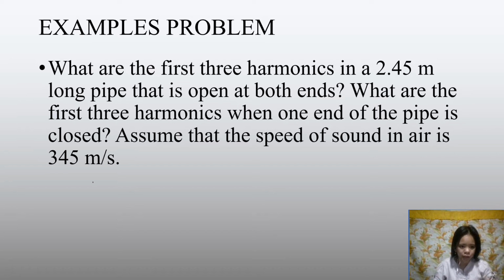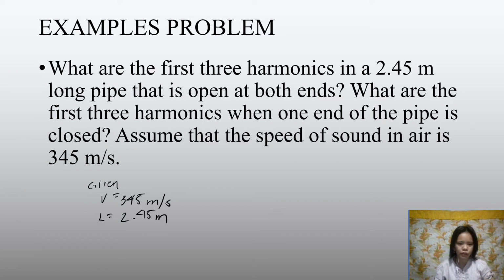Let us write our given. Our velocity is equal to 345 meters per second, while our length is 2.45 meters. What are we going to find? The first three harmonics.